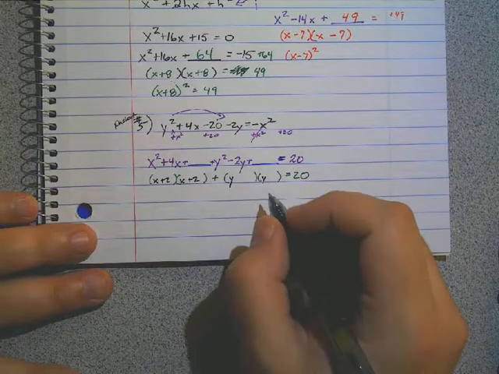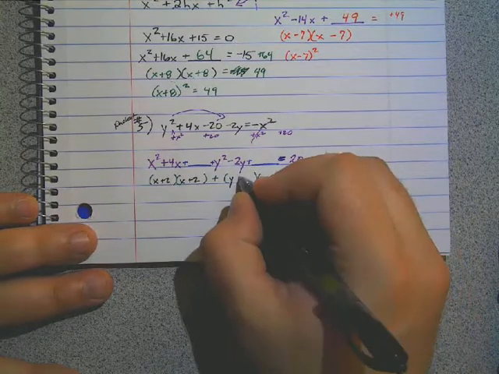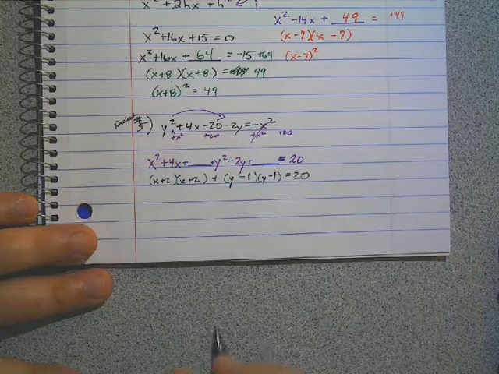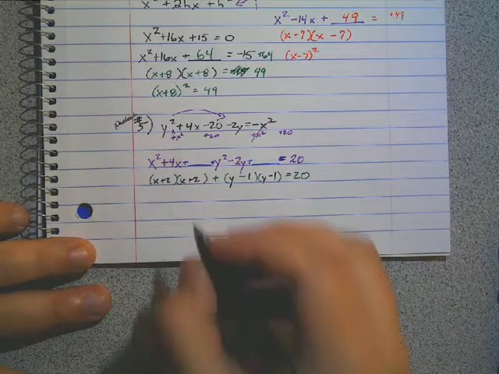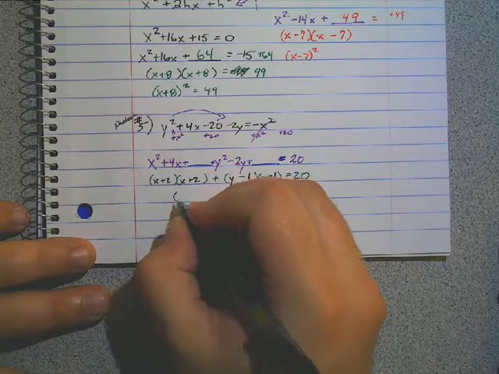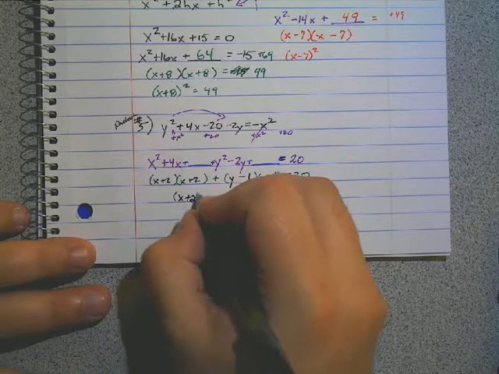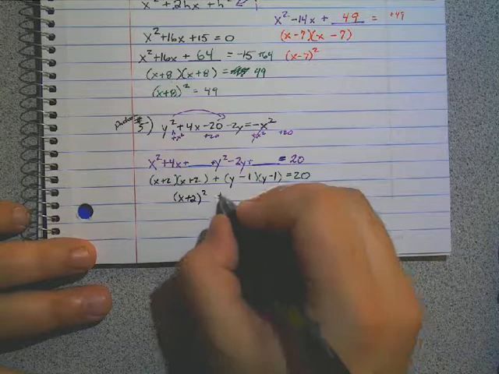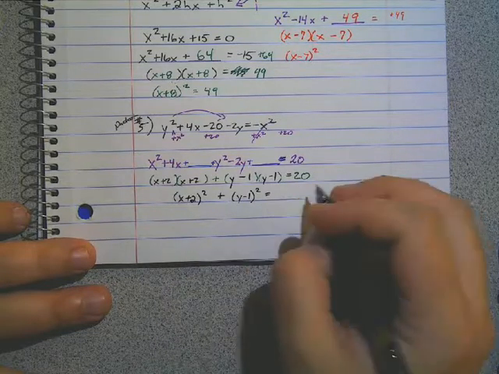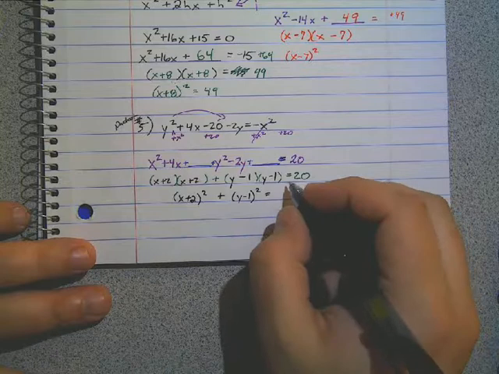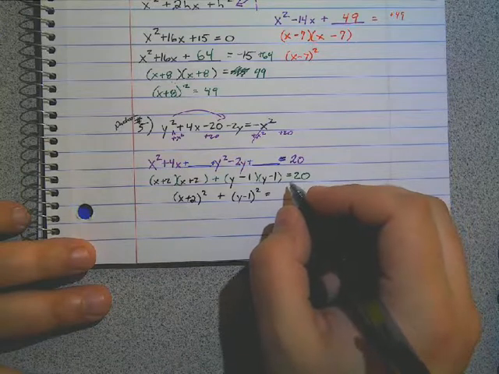So what is going to go inside this one if negative 2y is our middle number? What's half of negative 2? Negative 1.